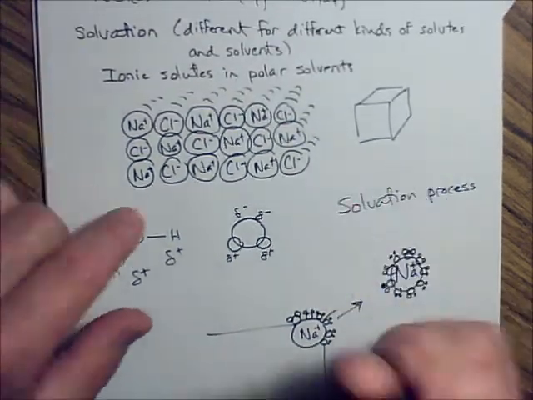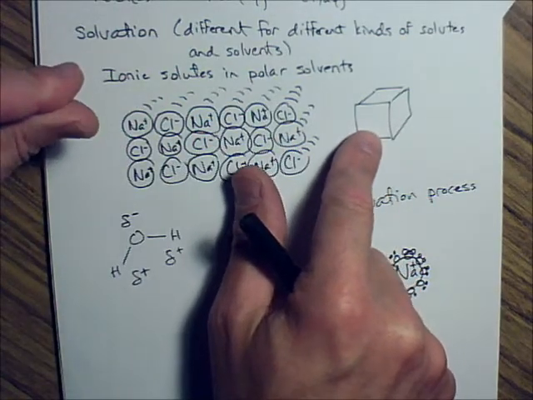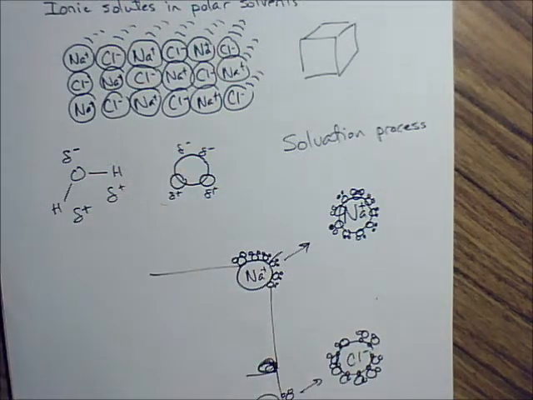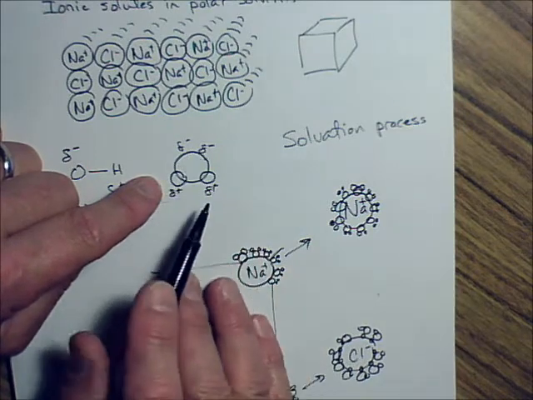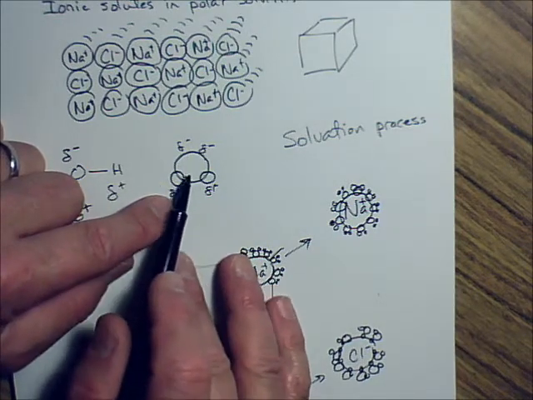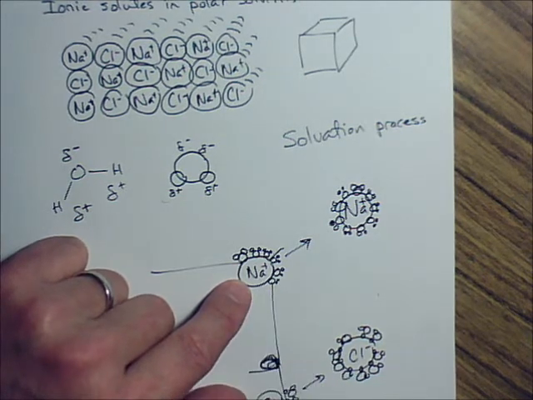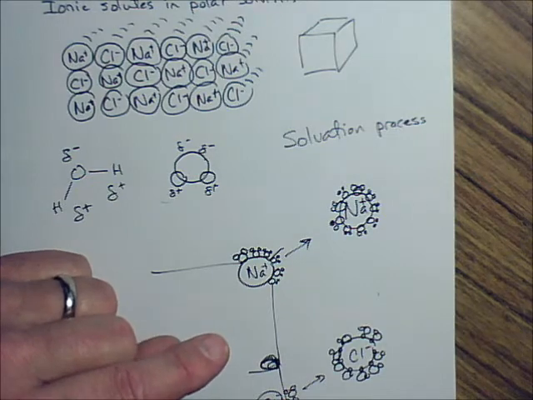Well, yeah, when they start out as a solid. So this is a tiny little piece of a much bigger crystal, right? And what I did was to describe why the water molecules do what they do. The water molecules having these partially positive and negative ends, they are attracted to the completely positive or completely negative particles that make up a sodium chloride crystal.